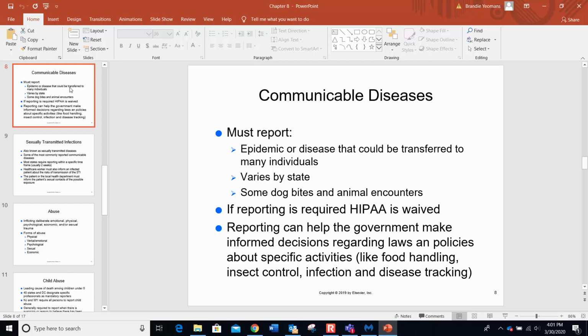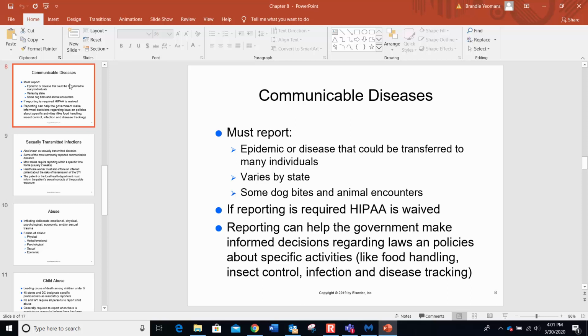As a healthcare provider, we are responsible for doing this, and it is part of our job. It's also an ethical thing. So, we have legal and ethical mandates that say, hey, you've got to report things as you find out that patients have these problems.